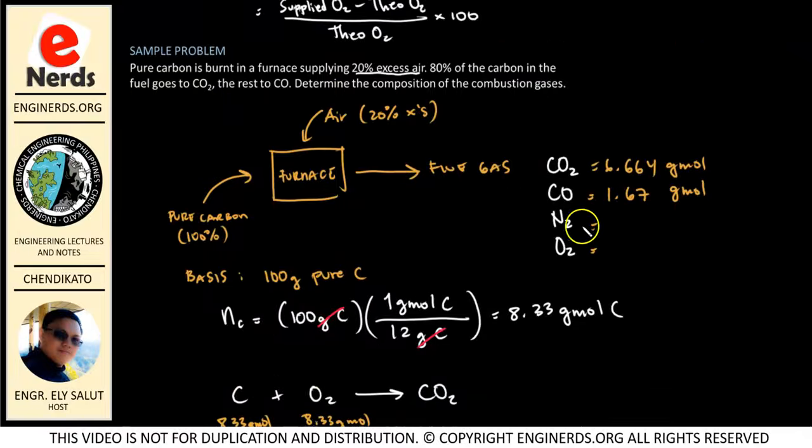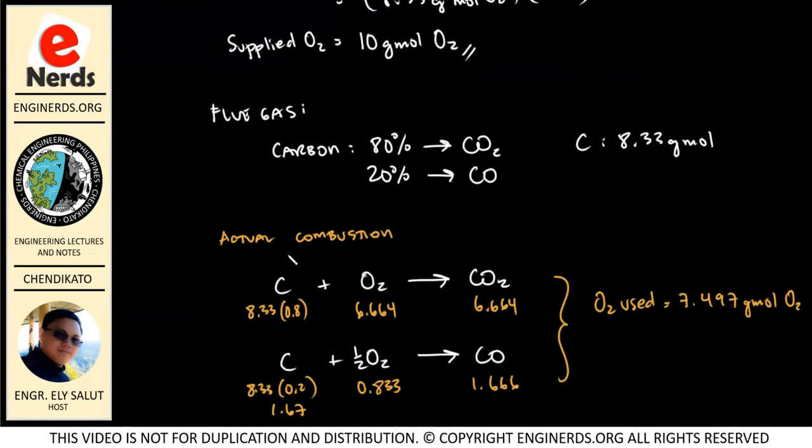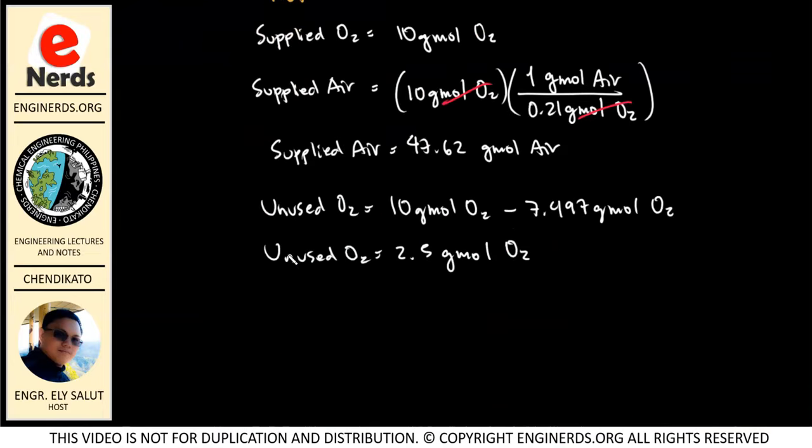Ito, ating flue gas. We have 2.5, sorry, gawin natin siyang orange para consistent. 2.5 gram mole ng O2. Nitrogen na lang ang kulang, no? So, lahat ng nitrogen na pumasok galing sa air, okay, yun ngayon ang lalabas. So, gaano karami yung air na pumasok? So, this is the supplied air.